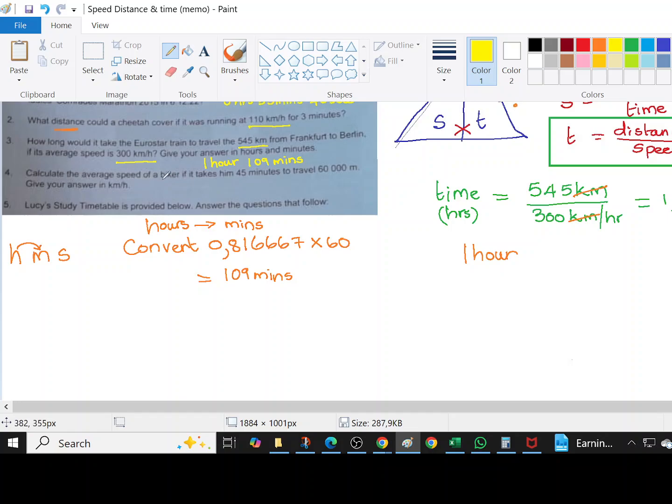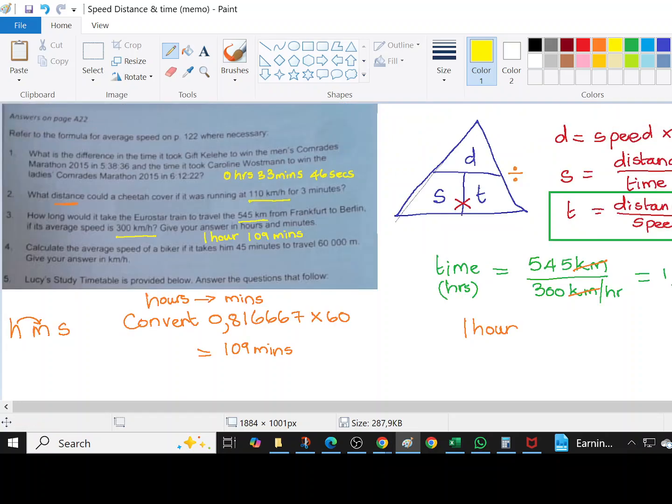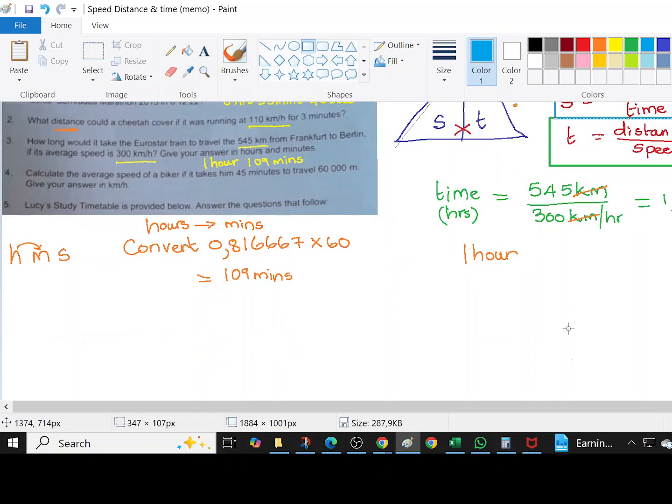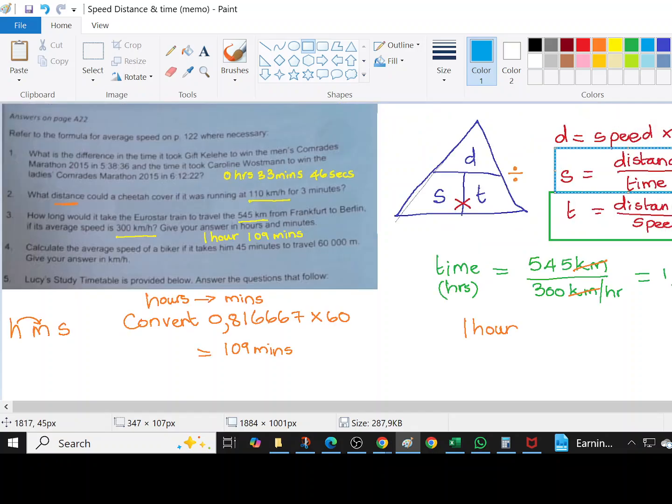Calculate the average speed of a biker. So now they want speed. Let's do this. This is the speed formula. Speed is equal to distance over time.